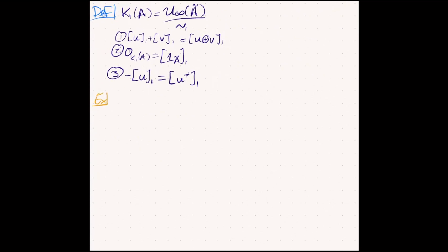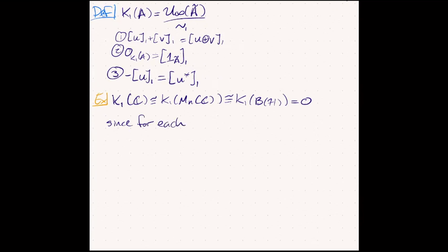So K1 of the complex numbers, and actually K1 of the n by n matrices over C, and also K1 of B of H. These are all trivial, and the reason for that is because for each of these C-star algebras, the set of unitaries is path connected.